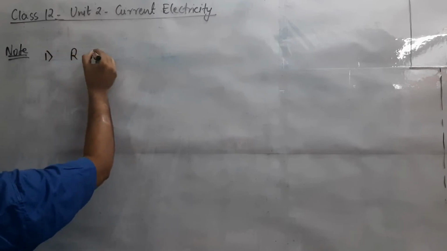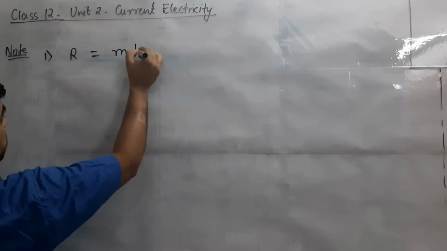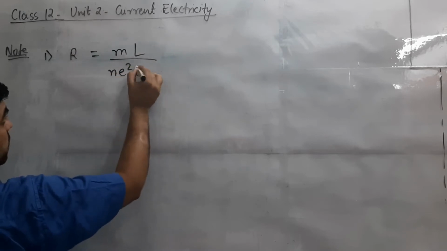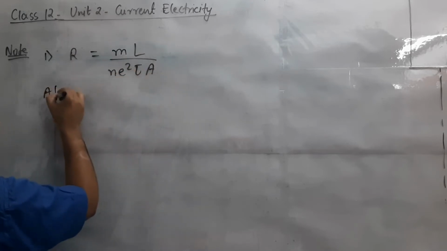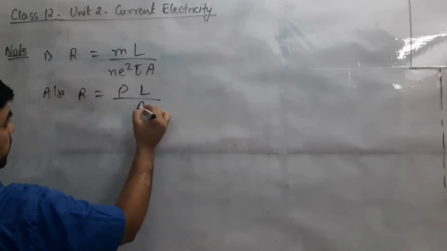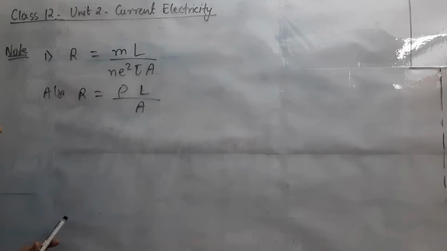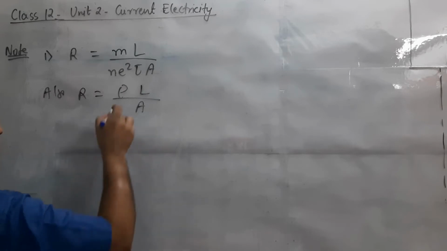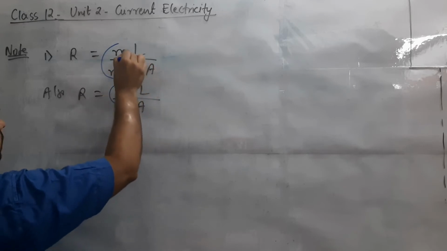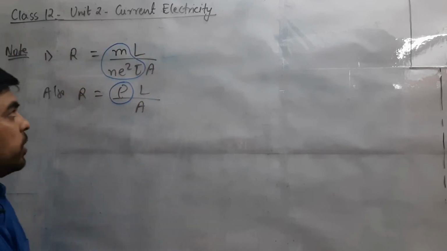The resistance, as we have already discussed, as m L upon n squared e squared tau A. Also the value of R can be written as rho L upon A, and from this relationship, if we compare the two, in place of resistivity we have this term m upon n e squared tau.